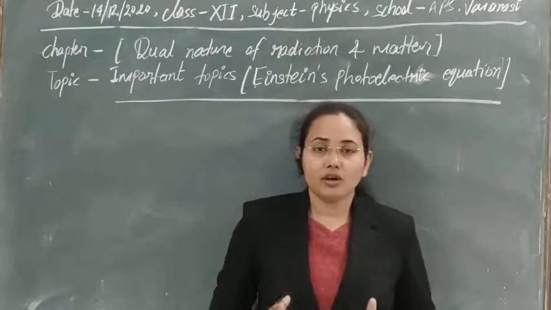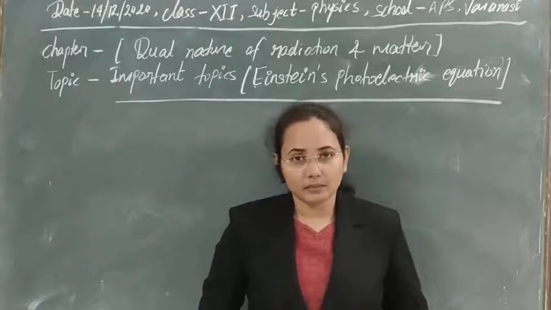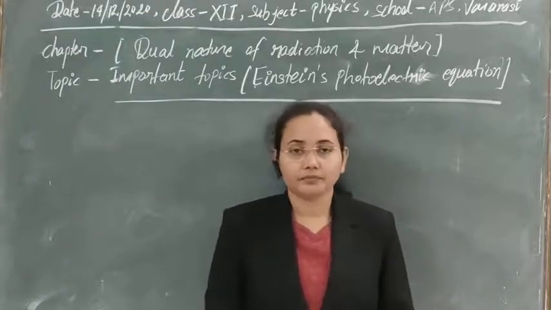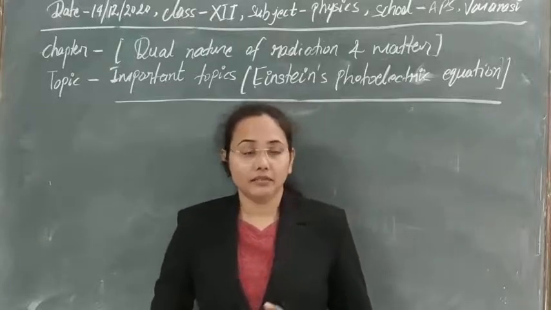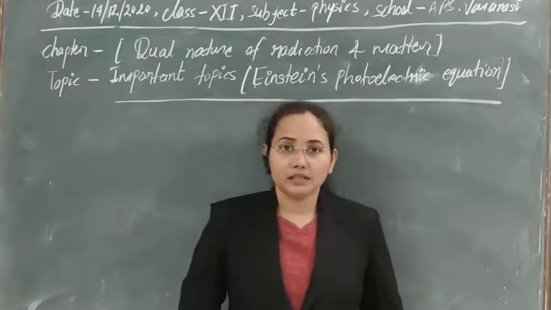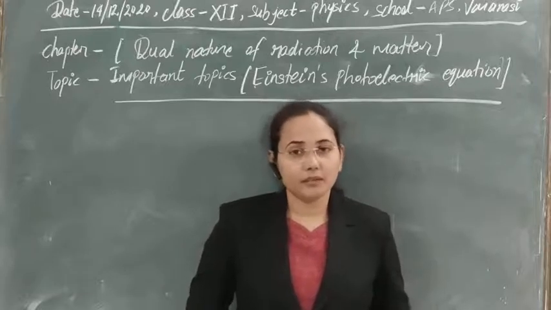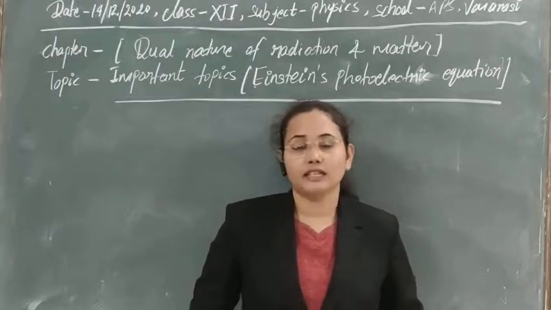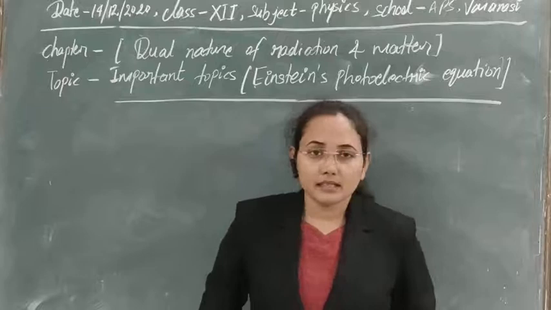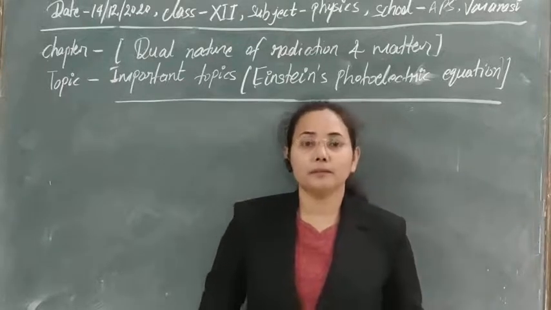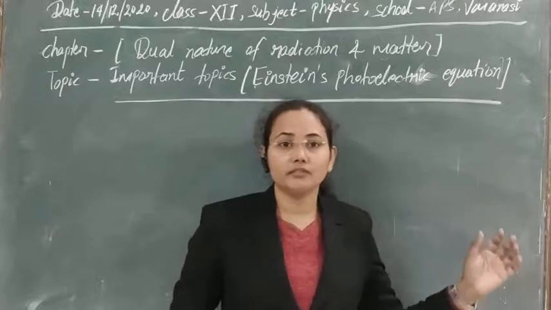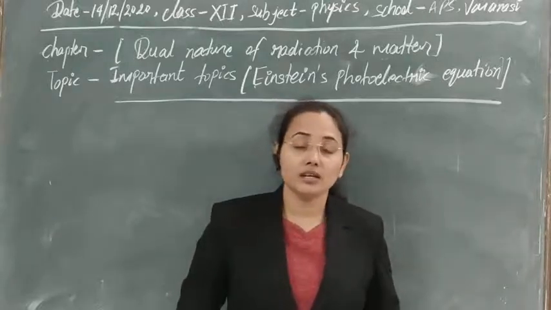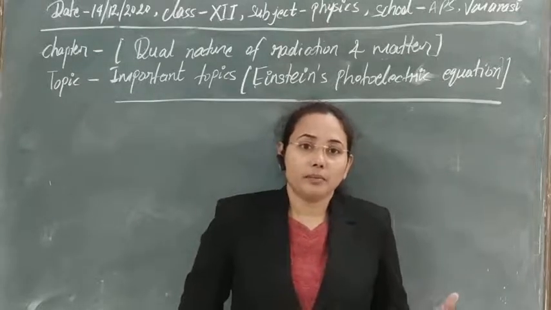These are called the laws of photoelectric emission. We have already learned this, but let's see it again because it is a very important topic in dual nature of radiation and matter. Einstein gave a satisfactory explanation of the photoelectric phenomenon using the quantum model, the particle model.